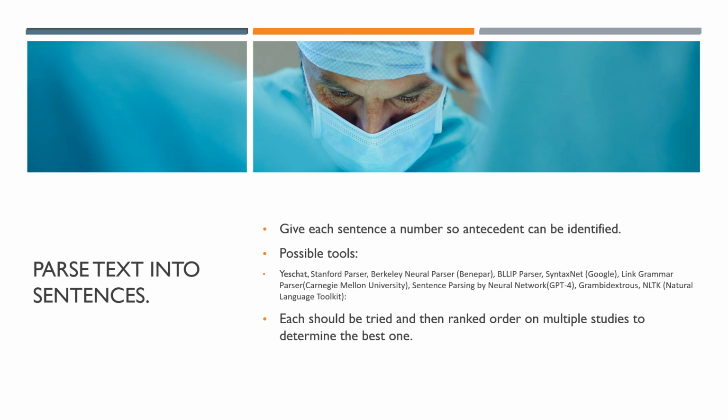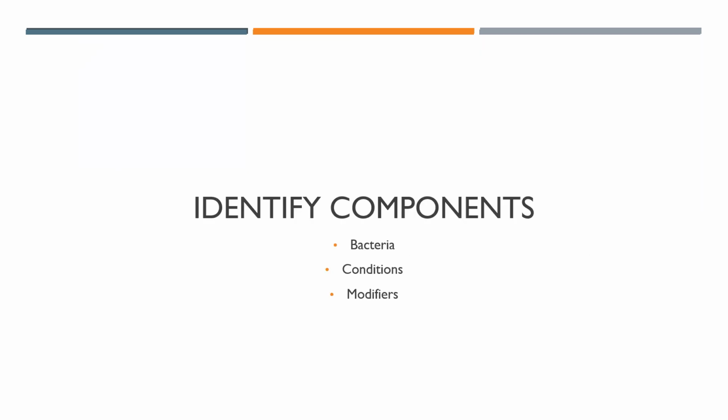Also, when you parse it apart, each one of the possible tools should end up with the same sentence numbers. If they disagree on sentence number, then you may want to do some exploration as to why there's a difference. Often that will catch dumb, silly assumptions in your processing, which should be fixed.